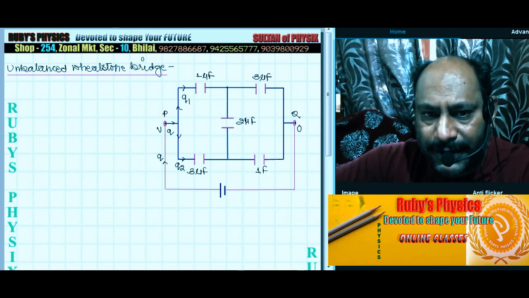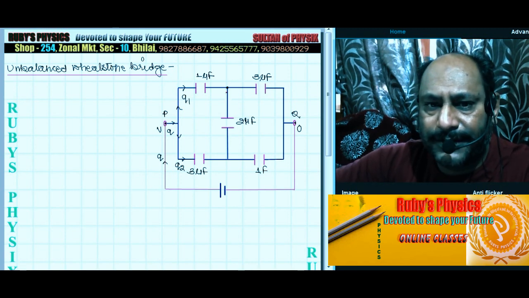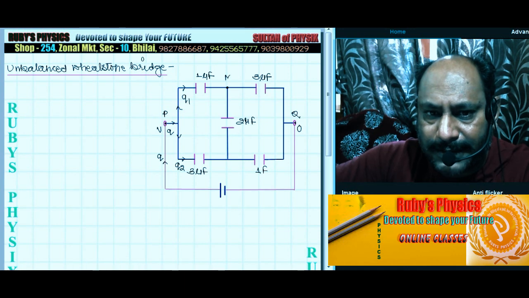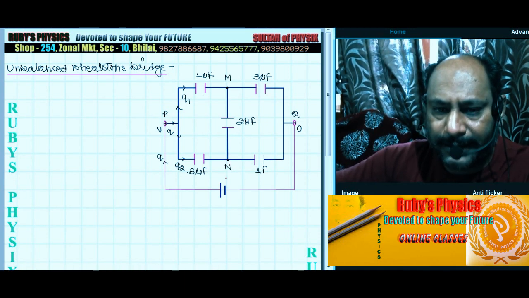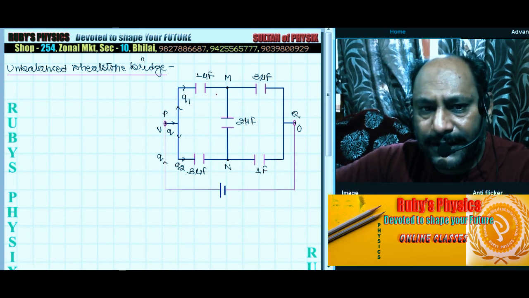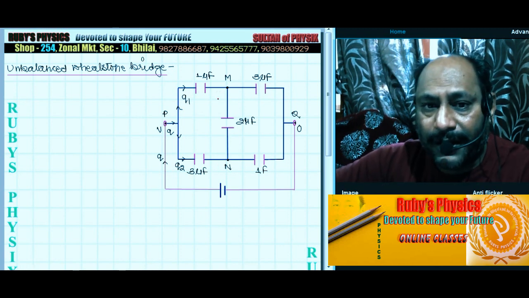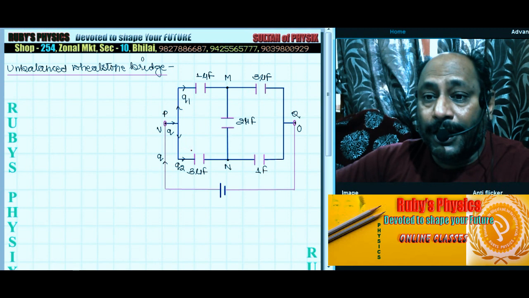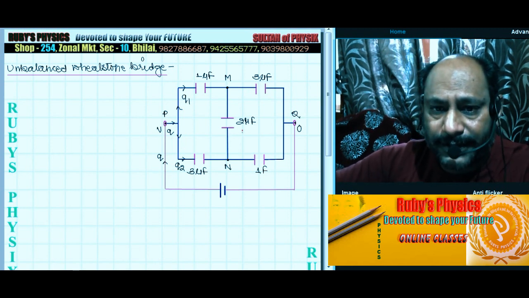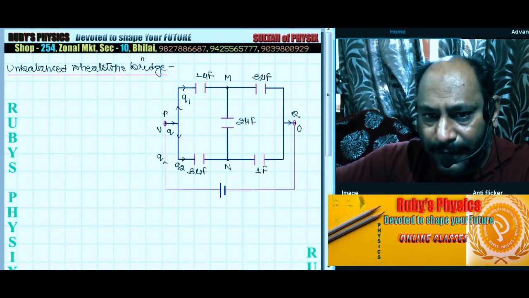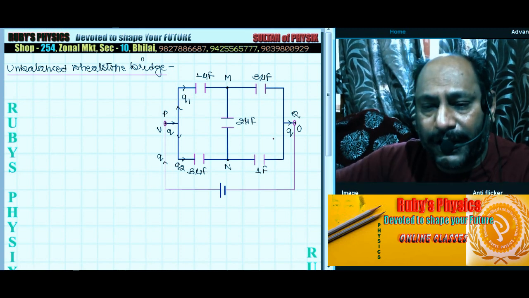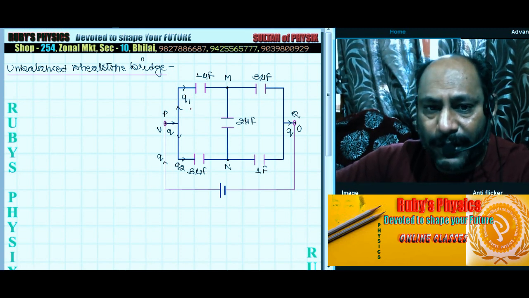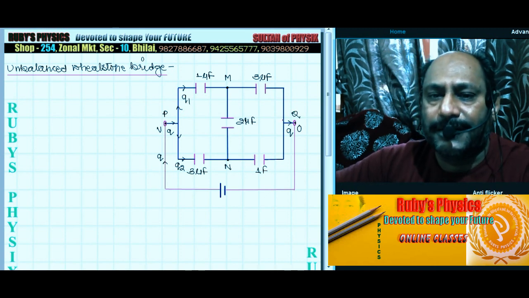At this junction, let me call this junction M and this junction N. Then at this junction again this charge will divide. But now again see, if charge Q is provided, the same charge will be received at end Q, and it is possible only if the two charges Q1 and Q2 reach this junction.